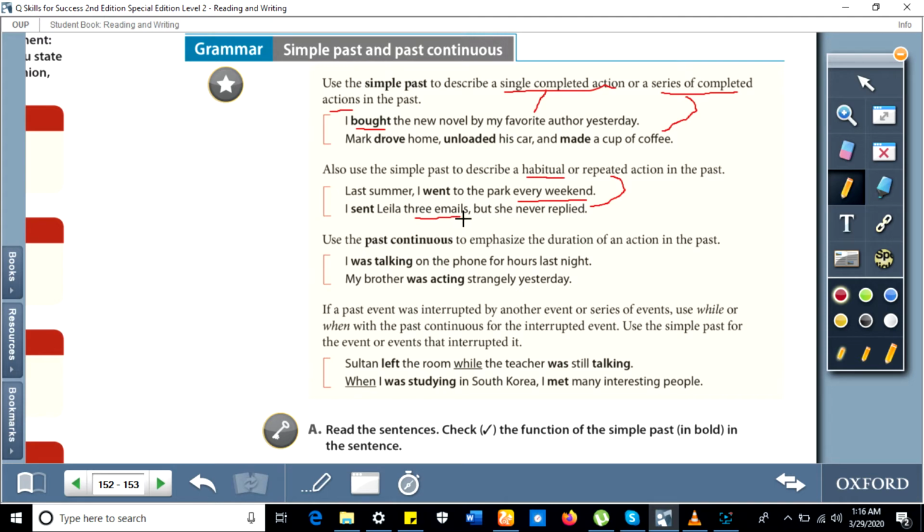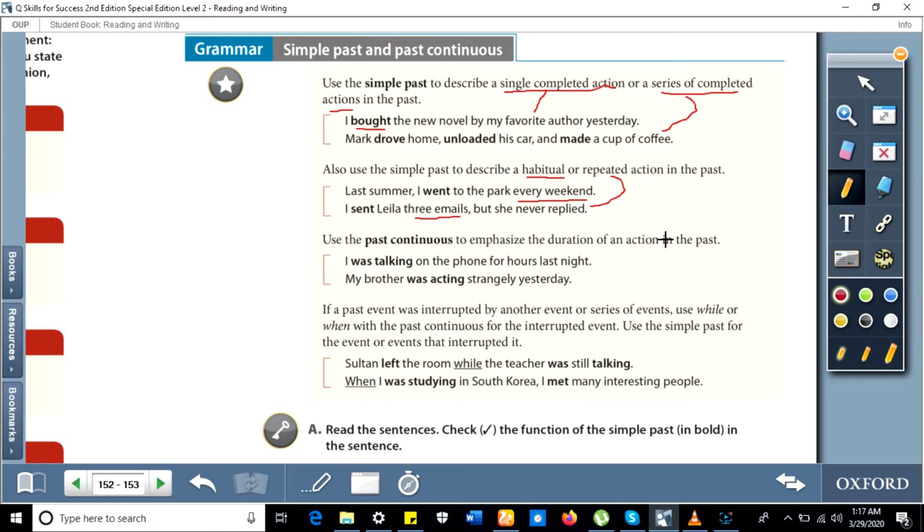So 3 emails is a repeated action. So that's how we can use the simple past form to describe these actions or series of actions, but the action should be completed. That's very important, that whenever you talk about the past in the simple past, it means the action is complete, right?